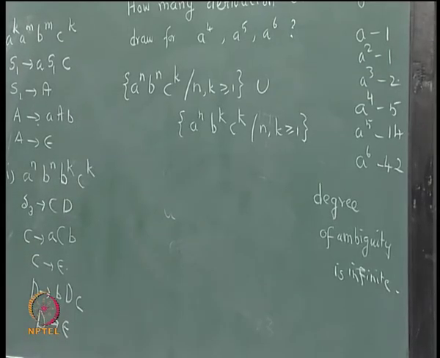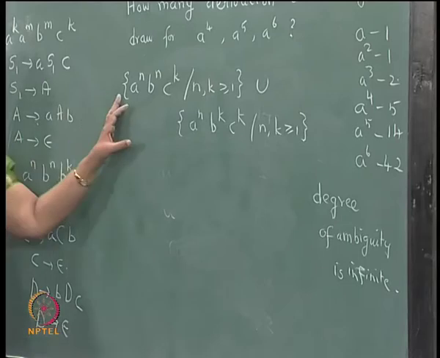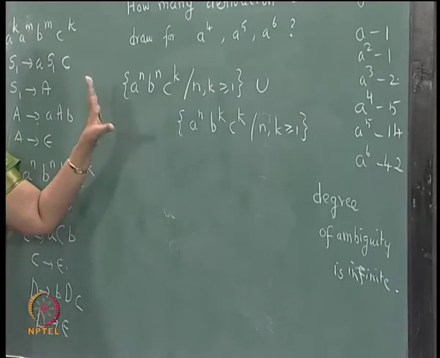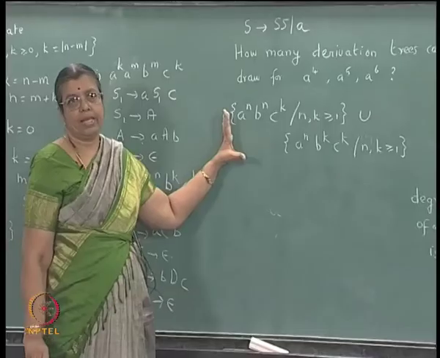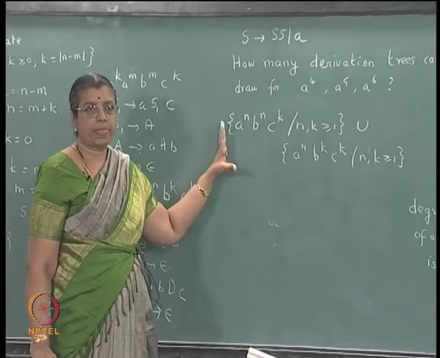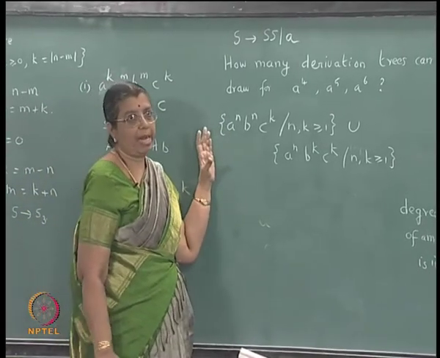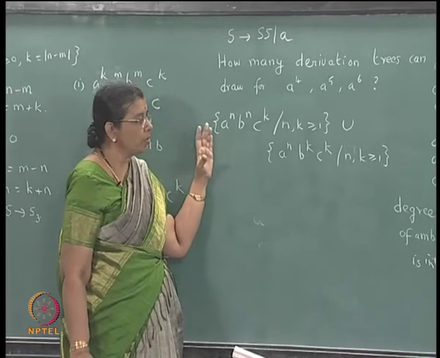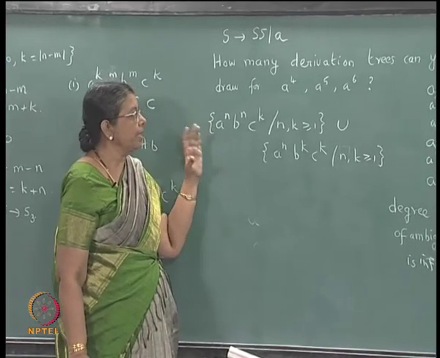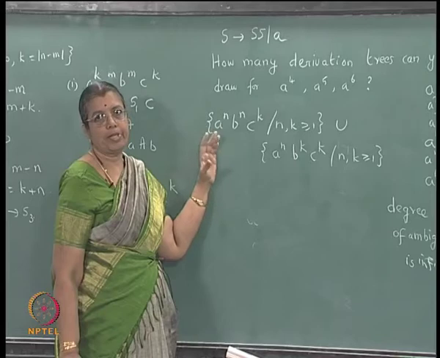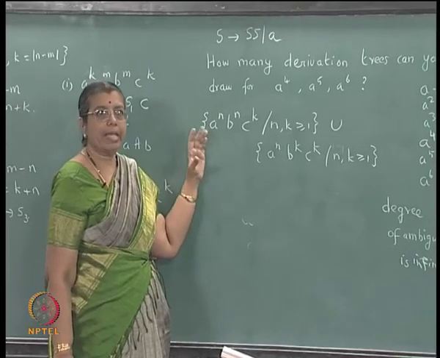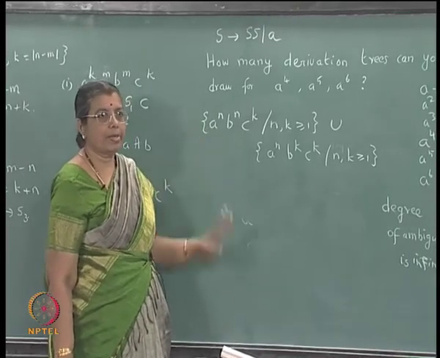We have seen that this is an inherently ambiguous language. Any grammar generating this will be ambiguous. The proof is difficult; I did not give you the proof, it is very lengthy, but this has been proved to be inherently ambiguous. That is, any grammar generating this will be ambiguous.